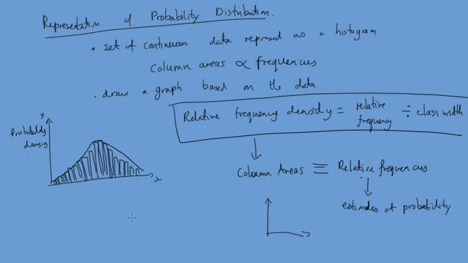What we've just done here, dividing by the width of the class intervals, doesn't change the shape of the diagram.